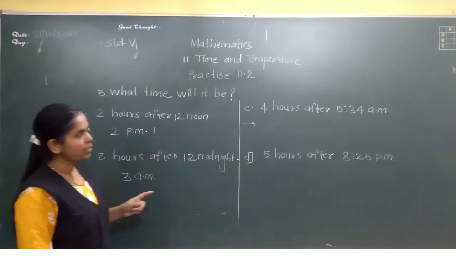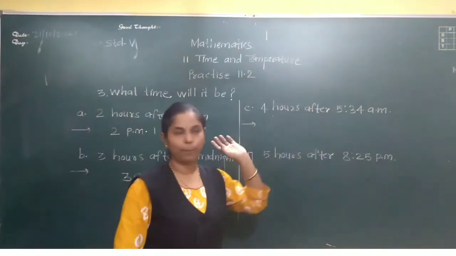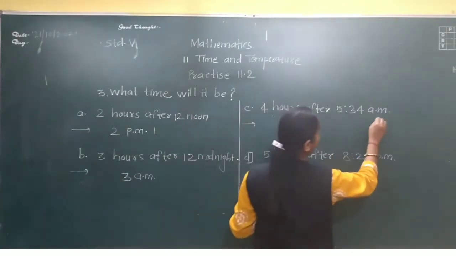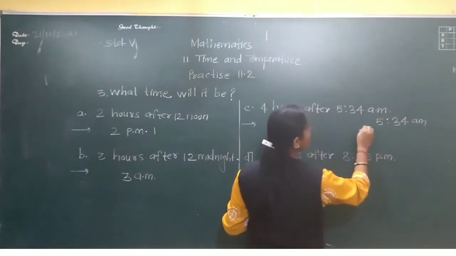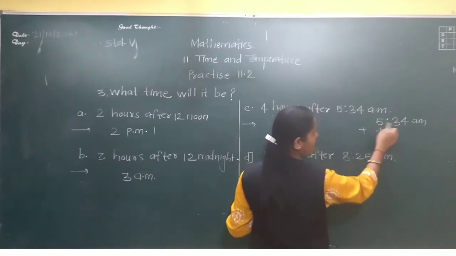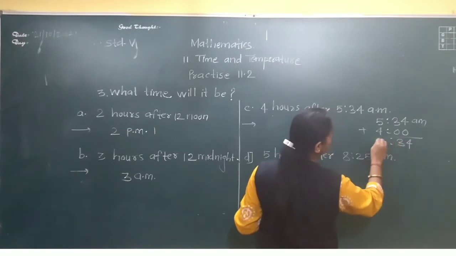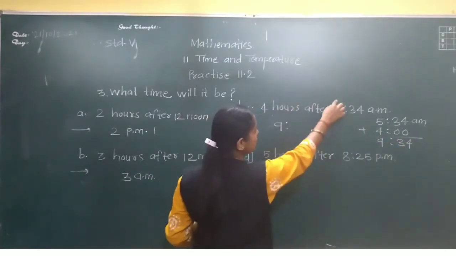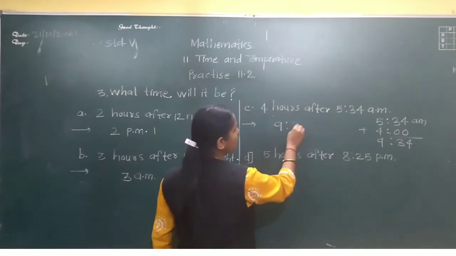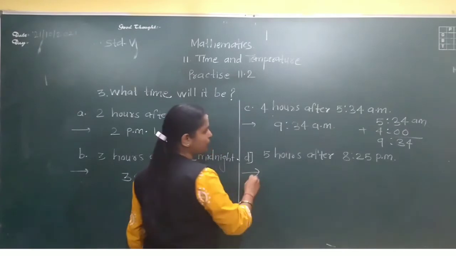Next, 4 hours after 5:34 AM. 5:34 AM plus 4 hours. These are minutes. And so the timing is, see here, 9. We have to add the hours. That is the time is 9:34 AM. Okay.